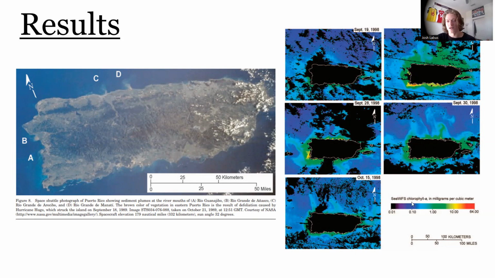If you look at the trend right here, you can see that especially in the south of Puerto Rico, but also in the north, this chlorophyll A level is significantly increasing. And that's due to the runoff of nutrients and sediment into the ocean. That's going to have a negative impact on these corals because they won't be able to receive the sunlight they need in order to survive.